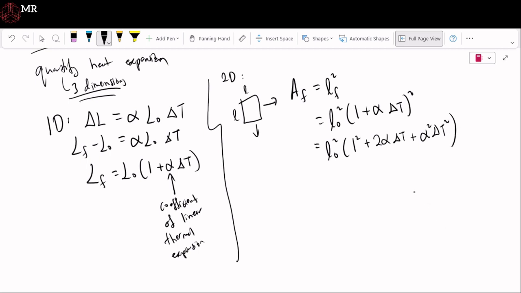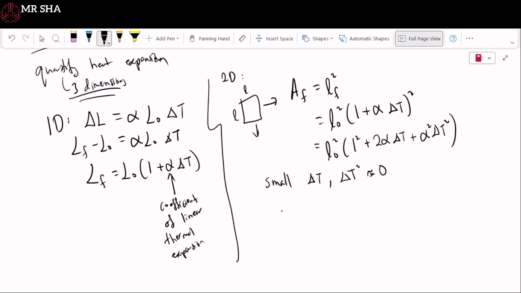Now going back to what I said earlier, that delta T is small, if it's a very, very small change, then I can ignore its square value.